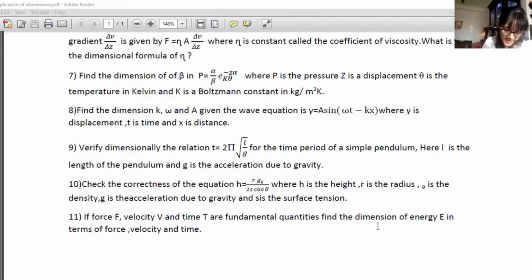The answer is F V T to the power 2? F to the power 1, V to the power 1, T to the power 2? Okay, is it 2 or is it 1? Just check it out.